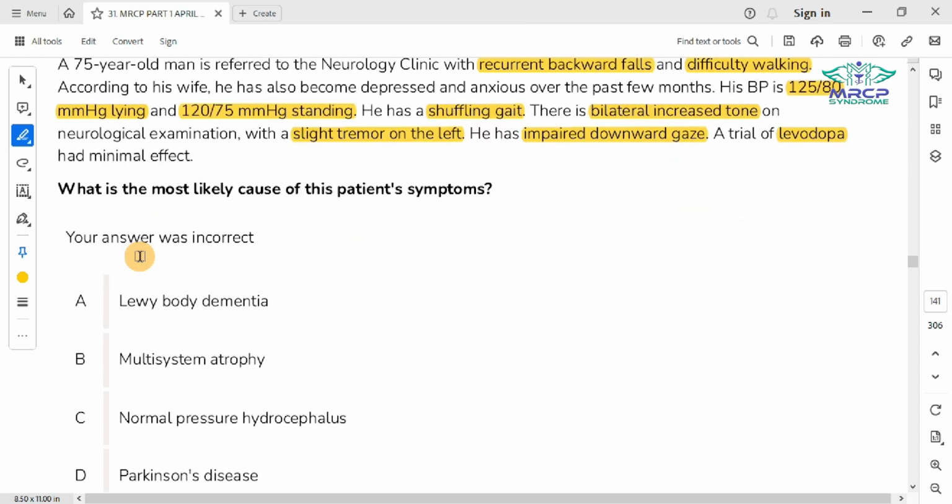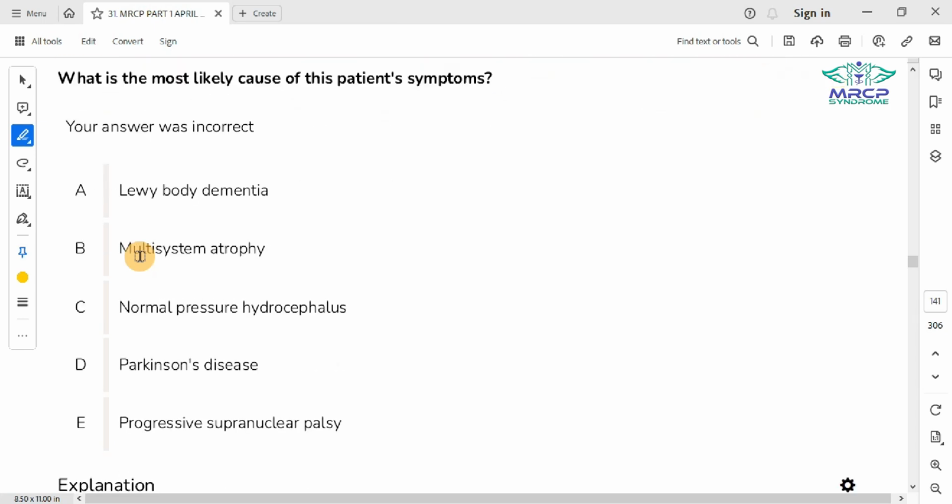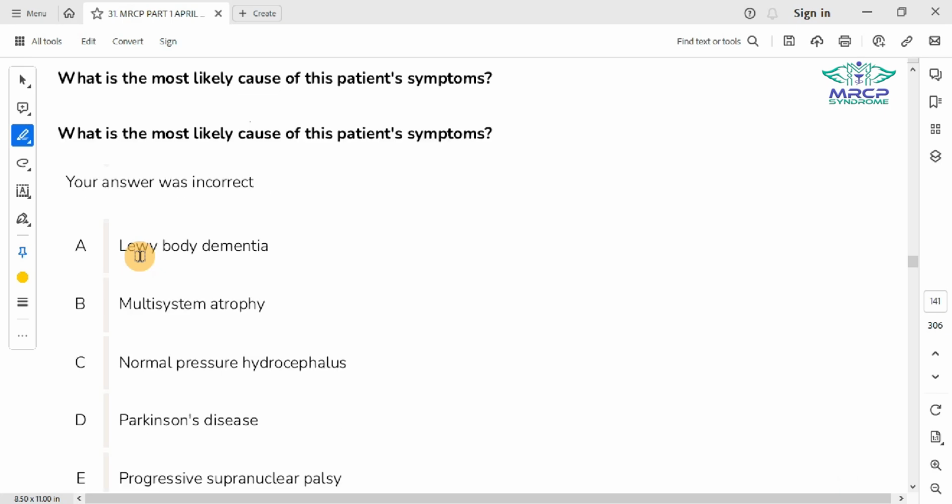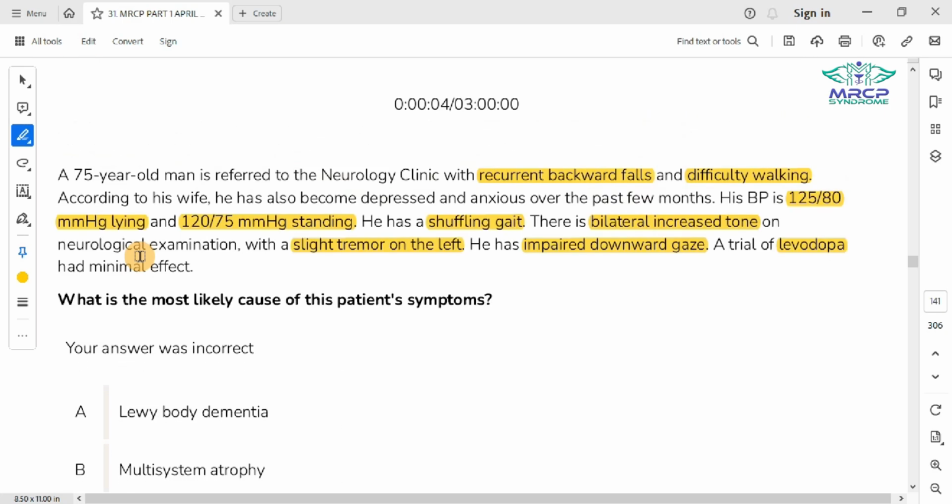What is the most likely cause of the patient's symptoms? Lewy body dementia, multisystem atrophy, normal pressure hydrocephalus, Parkinson's disease, progressive supranuclear palsy. A 75-year-old man is referred to the neurology clinic with recurrent backward falls and difficulty walking. According to his wife, he has also become depressed and anxious over the past few months.